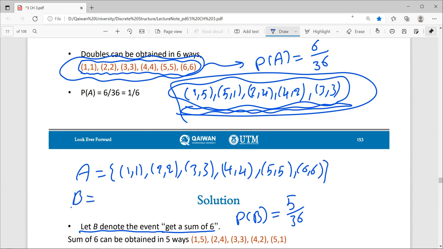And the event B is 1, 5, 5, 1, 2, 4, 4, 2, and 3, 3. So what's the intersection between these two sets? The intersection of these two sets is only one element, which is 3, 3. 3, 3 is common in these two events. That means we have only one element in the intersection of these two events.